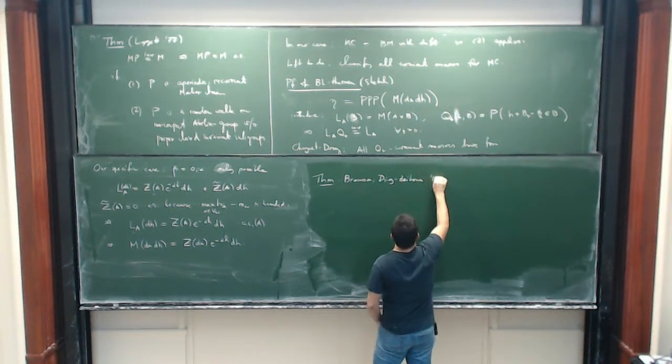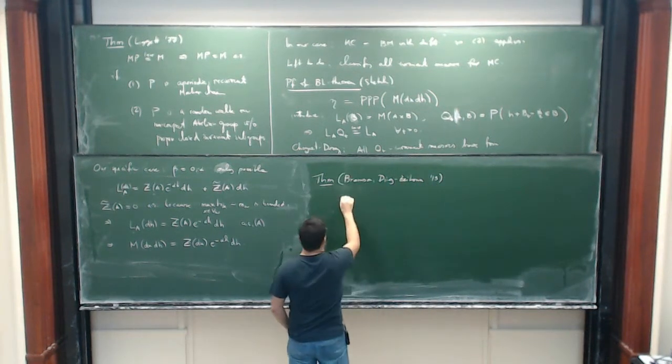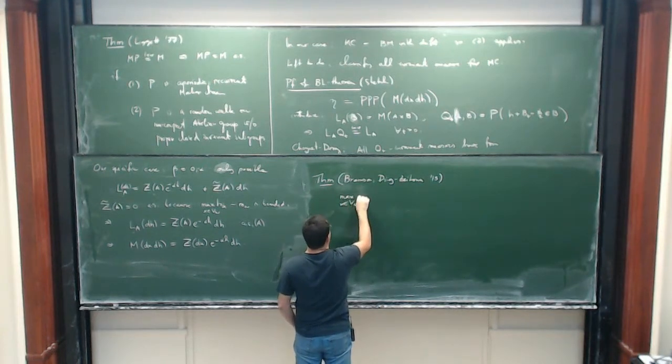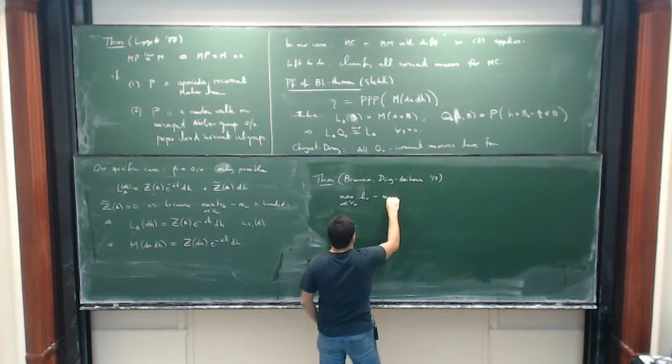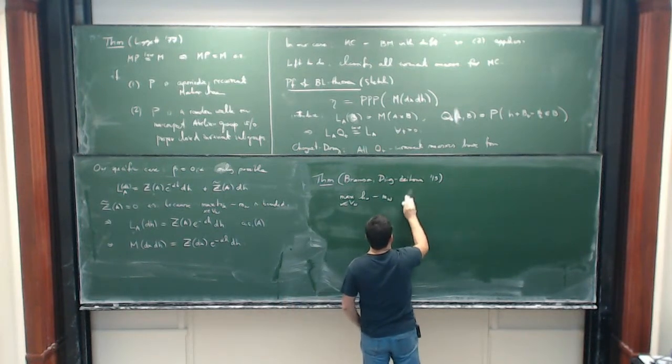So this is 13, which says that the maximum converges in distribution.